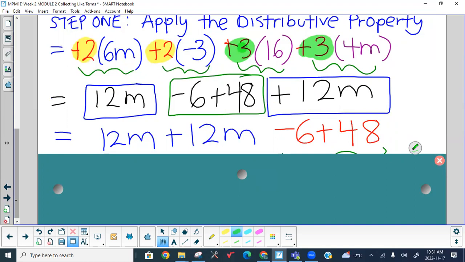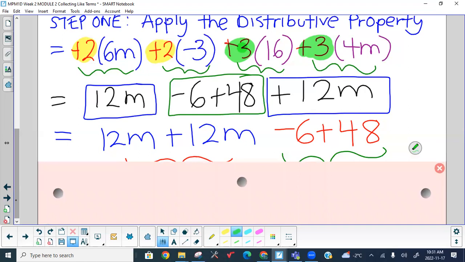But it's always a useful skill to write the like terms next to each other because it's easy for your brain to see something different and not group things correctly. Maybe my brain is going to see 12m and -12m, but when I'm forced to write it down, it reinforces what's really there. So I always recommend to please rewrite the equation with the like terms next to each other.